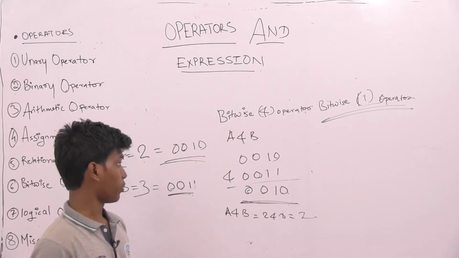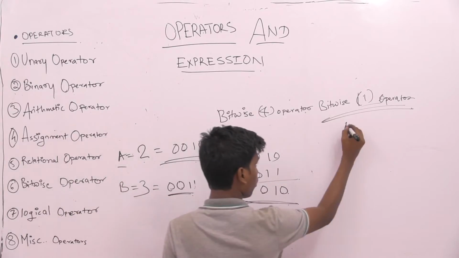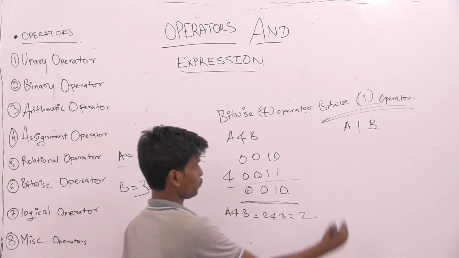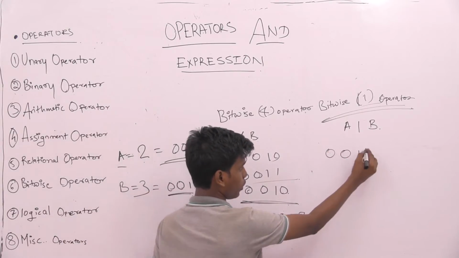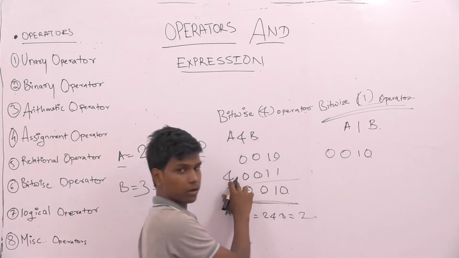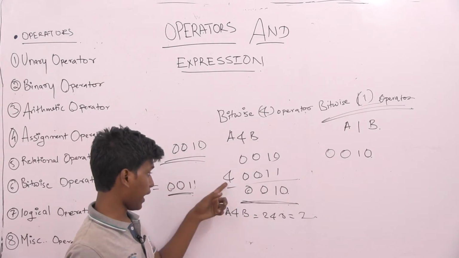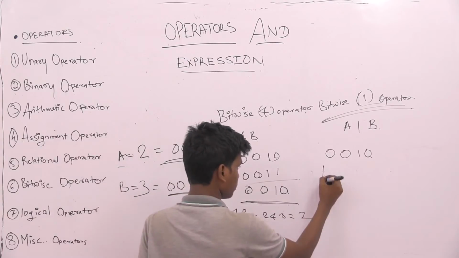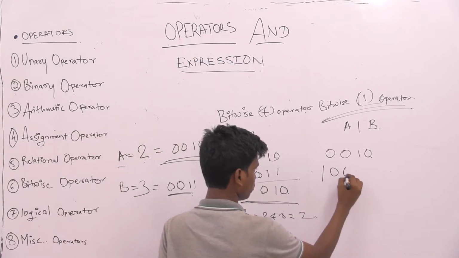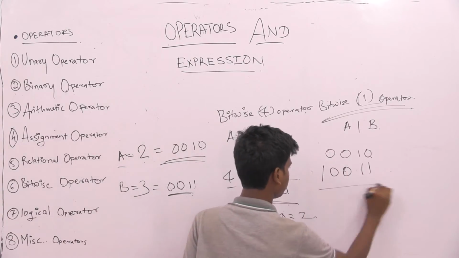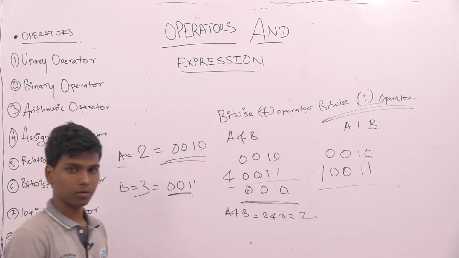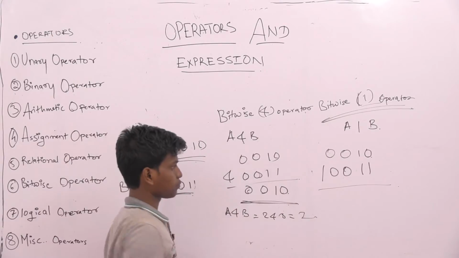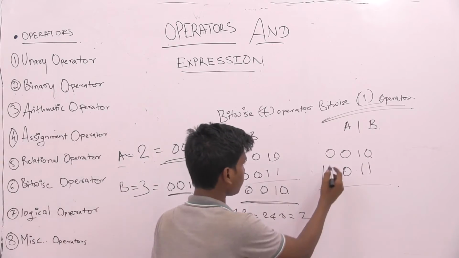So bitwise OR operator, if we put it A or B, now 0 0 1 0, and here instead of an ampersand we put the front slash sign, that is the slash, 0 0 1 1. 0 0 1 1.